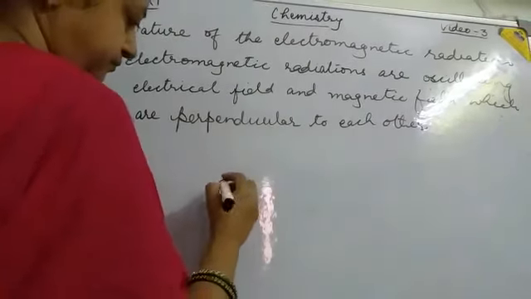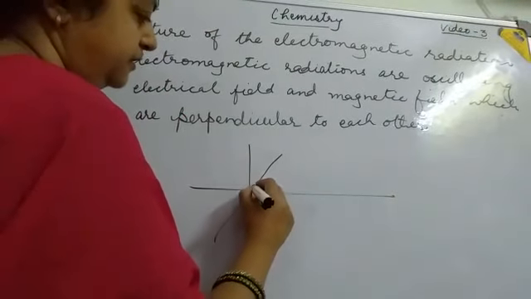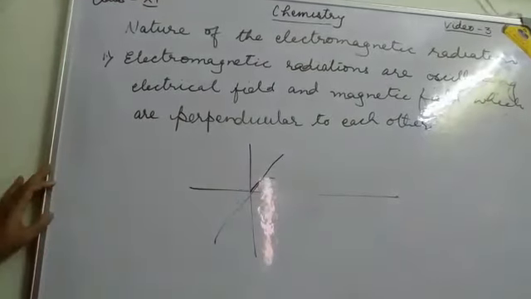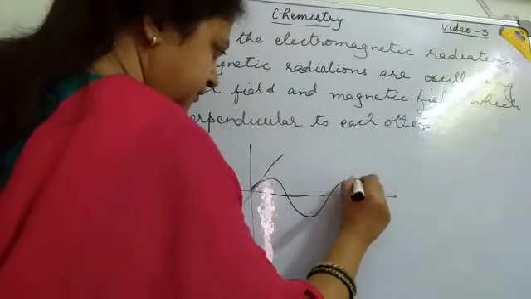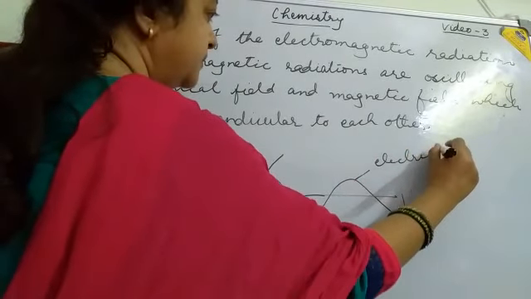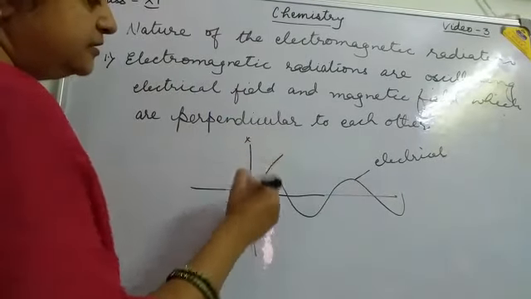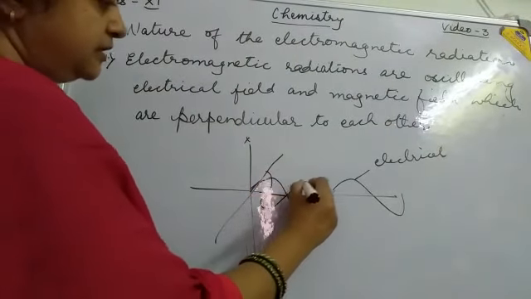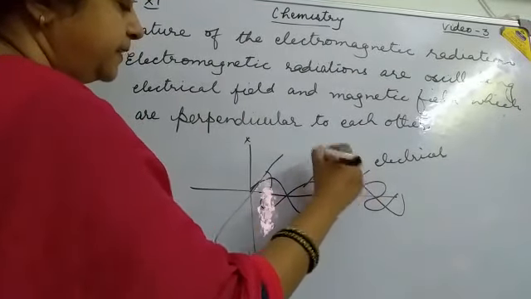Like X, Y, Z. If this wave is the electrical wave along the x-axis, then the wave along the y-axis is the magnetic wave.